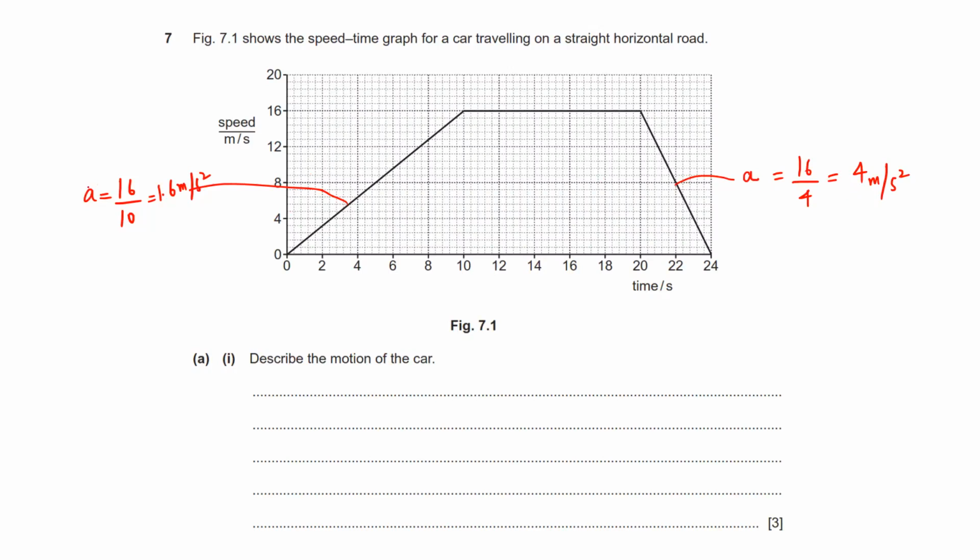Since acceleration is a vector quantity, you can also write it as -4, but let's have it this way. So let's describe the motion.